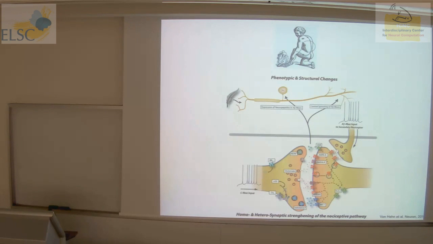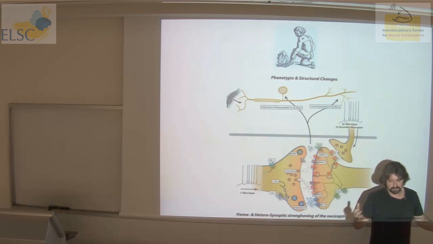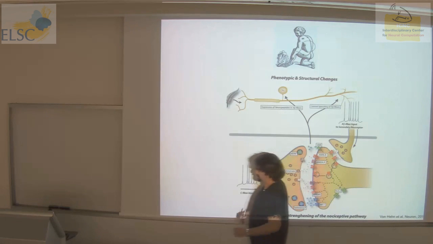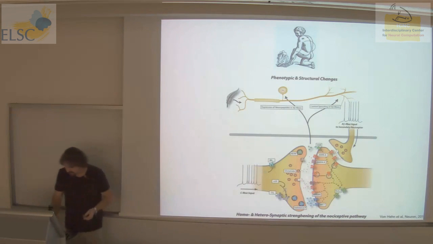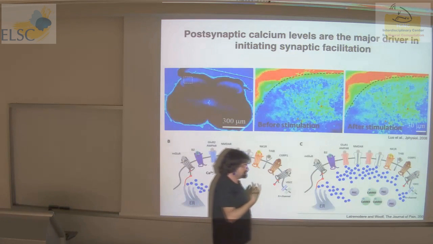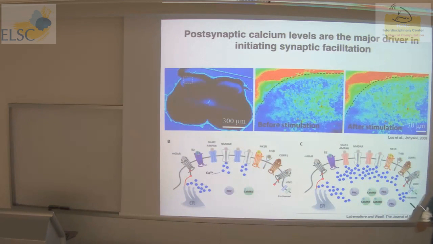In addition, we also have sprouting from non-painful neurons to painful neurons. So in this case, non-painful stimuli that used to produce non-painful sensation will now produce painful sensation, a phenomenon we call allodynia. And the mechanism responsible, as with almost all mechanisms related to experience-dependent plasticity, obviously depends on calcium.